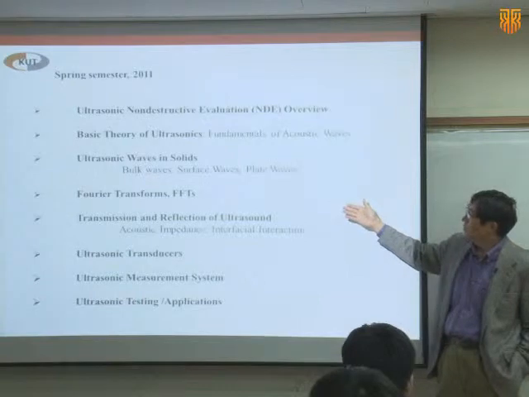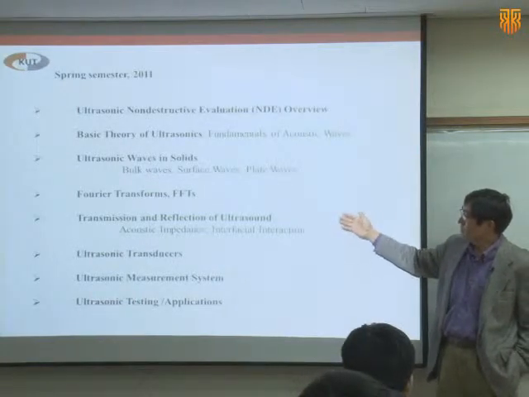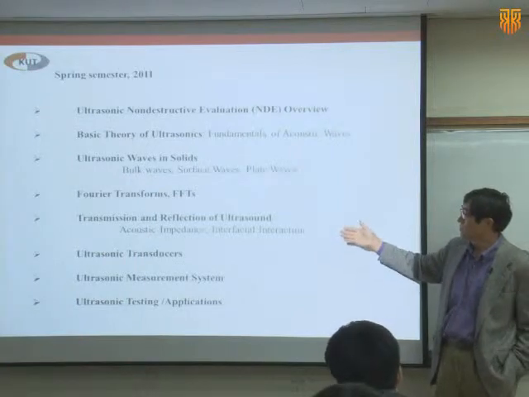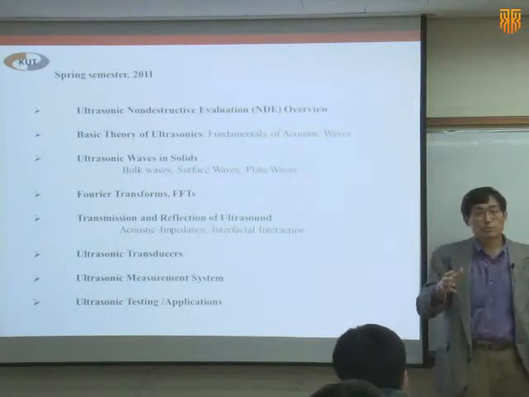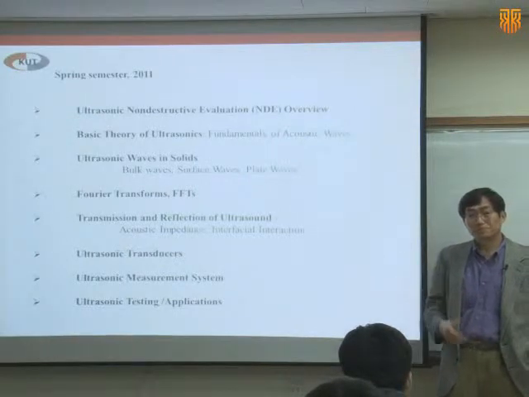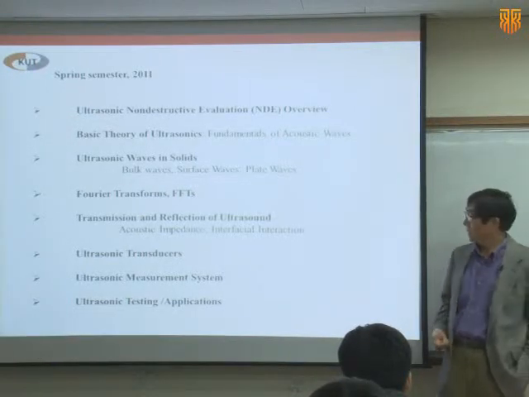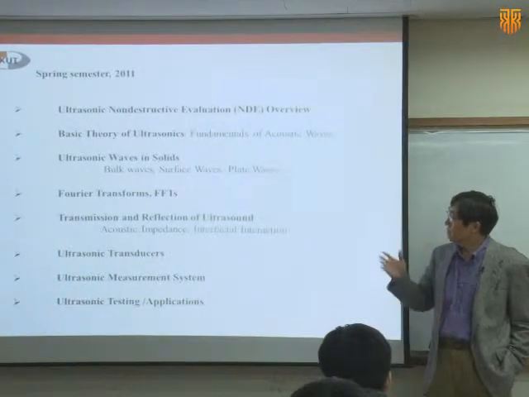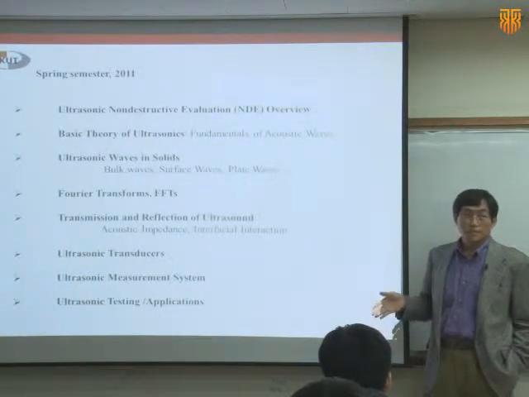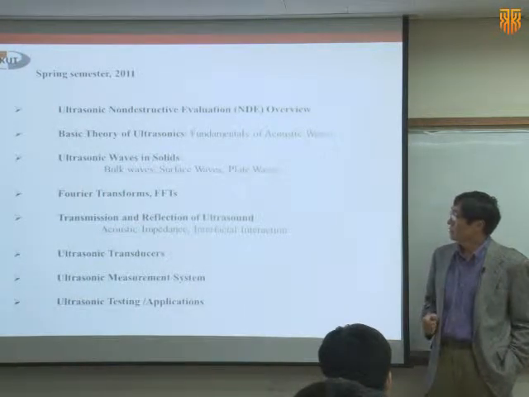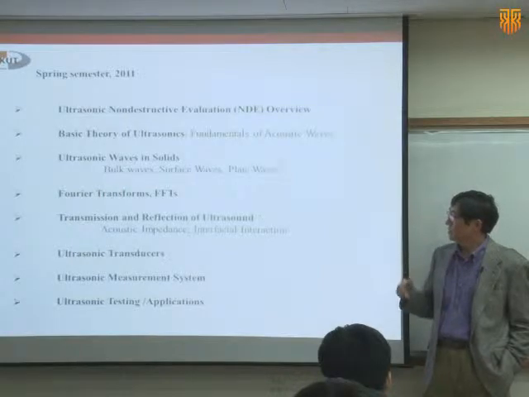And then I'm going to give you some examples and theories about transmission and reflection of ultrasound. When you send the ultrasound into the material, the ultrasound penetrates and reflects from some barrier that is usually the boundary of two different materials.